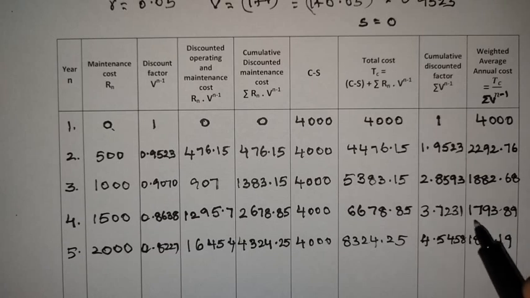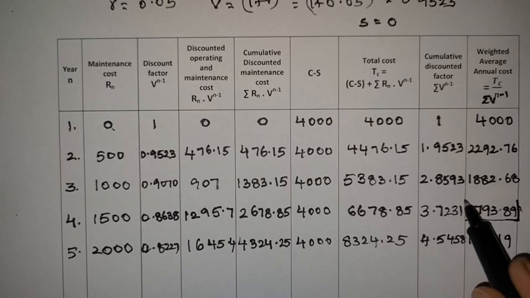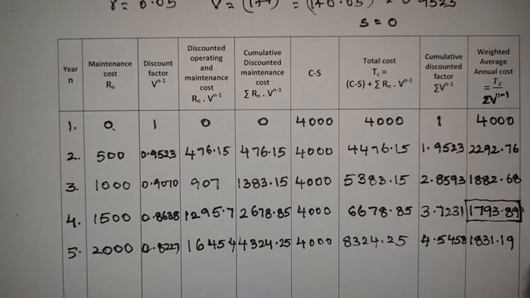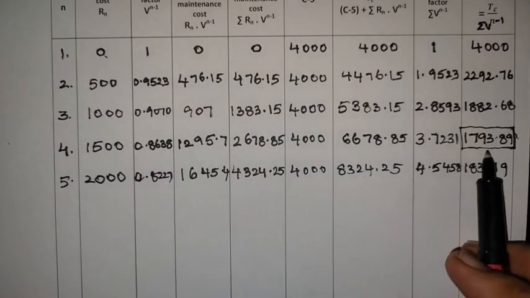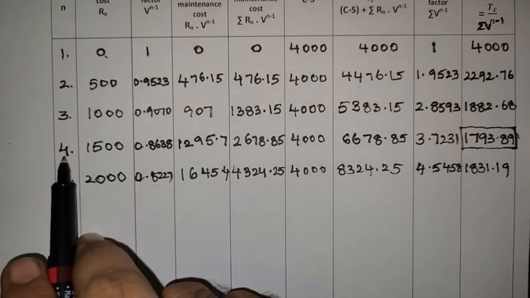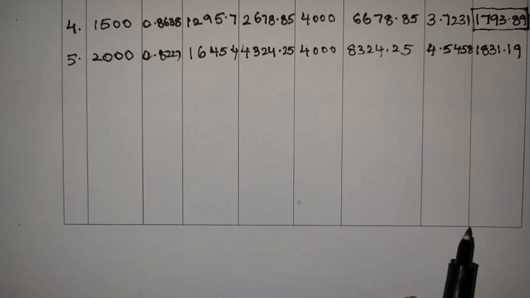So what is the minimal value? 1,793.89 is the minimal value. What is the conclusion statement we can write? We got the weighted average value minimum in the fourth year. So the machine should be replaced at the end of the fourth year.